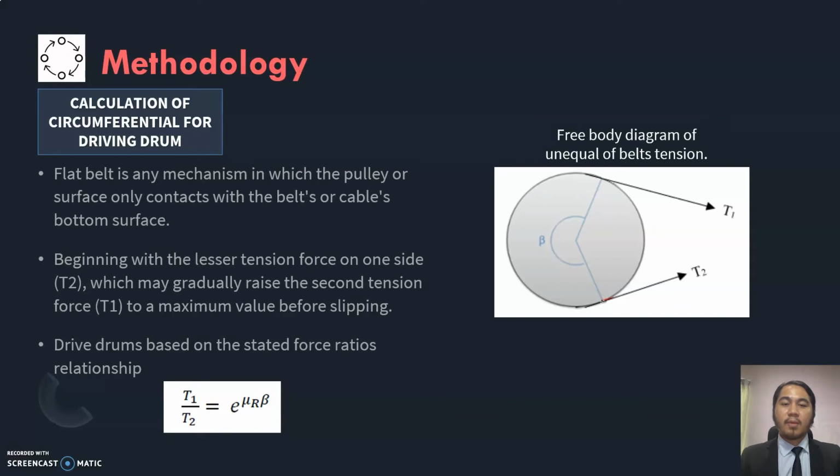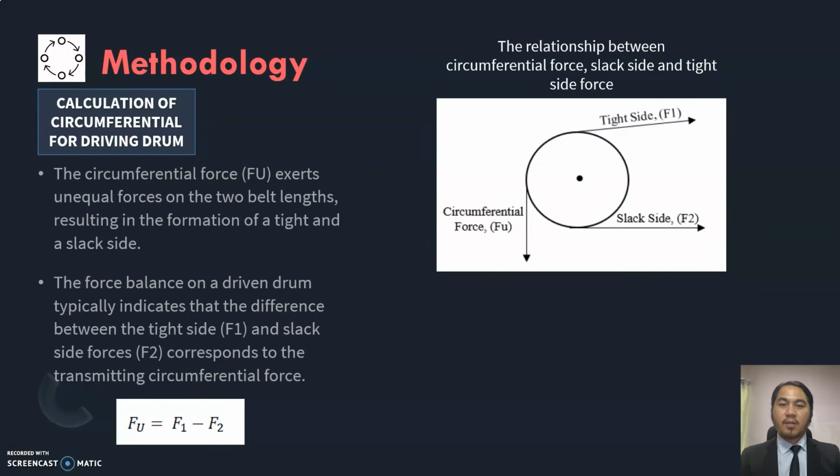And from the table, we can state the force ratio relationship from this equation. The circumferential force Fu exerts unequal forces on the two belt lengths, resulting in the formation of a tight side and a slack side, as shown in the figure.